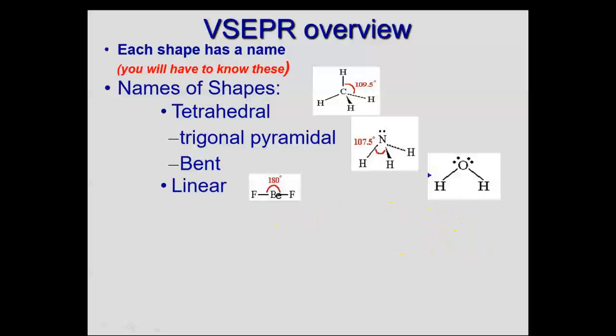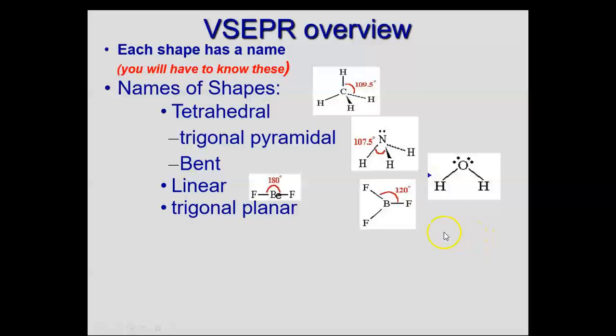You know that any linear structure, as in beryllium difluoride, BeF2, is going to have a 180 degree bond angle. Now, trigonal planar, and you worked with this with magnets, have in boron trifluoride, they're going to have 120 degree bond angles because there's 3, in this case, bonded pairs.